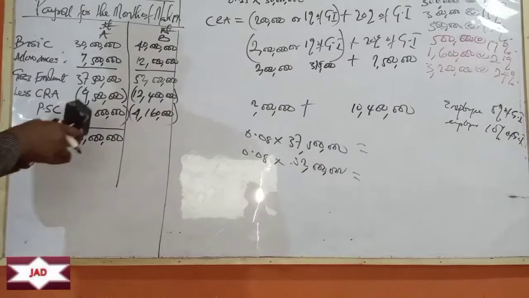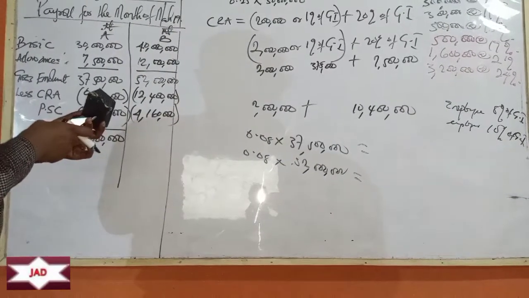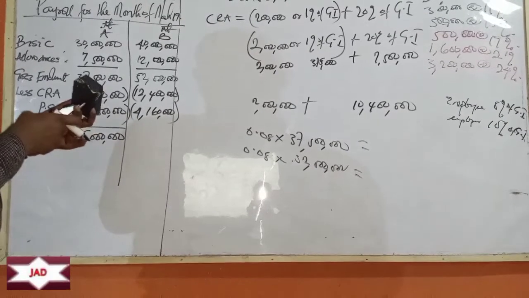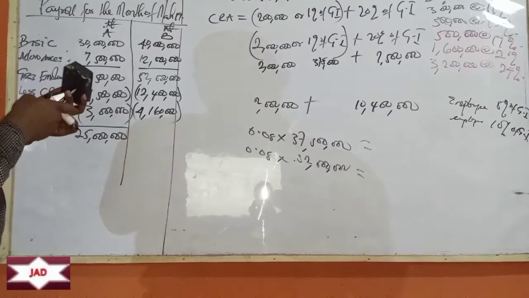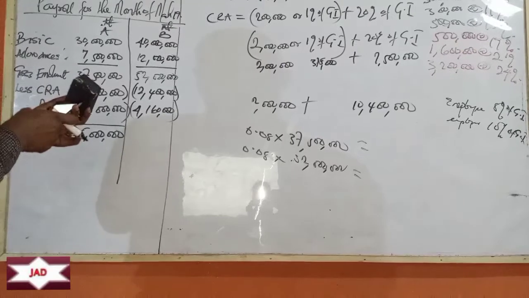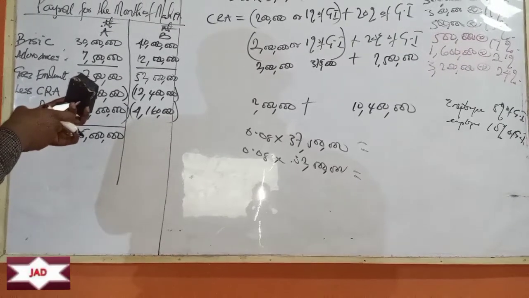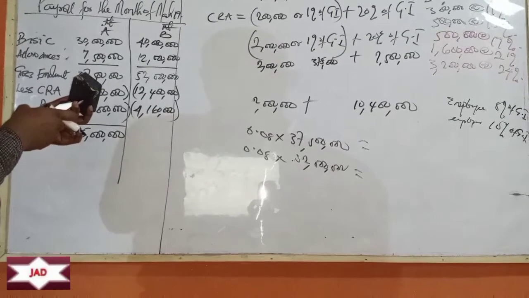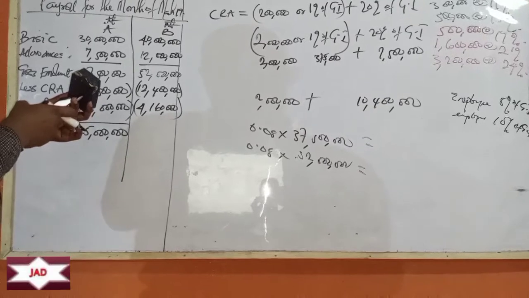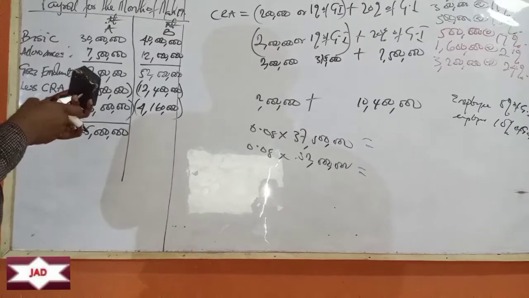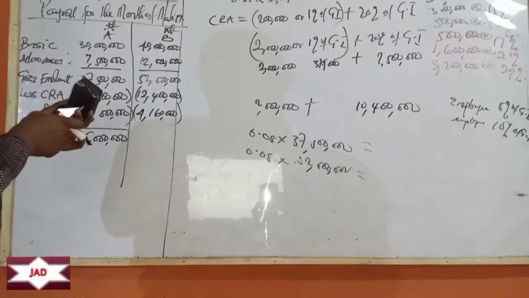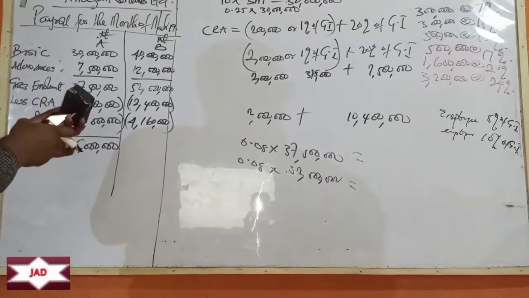So this one now, we have 52 million minus 12,400,000 minus 4,160,000.